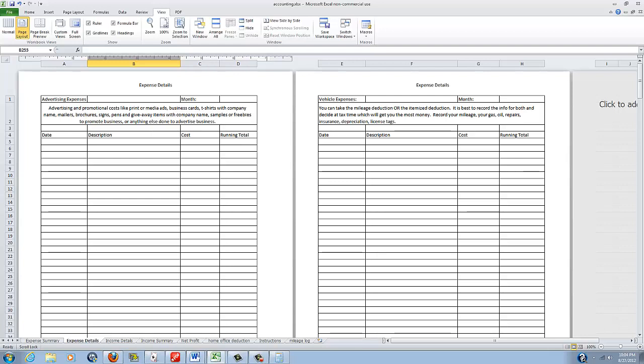Our advertising expenses are going to be, for example, the free wrap that we gave out at those parties. So we have on the 10th a hostess wrap, and for me with shipping it comes out to $15.50.